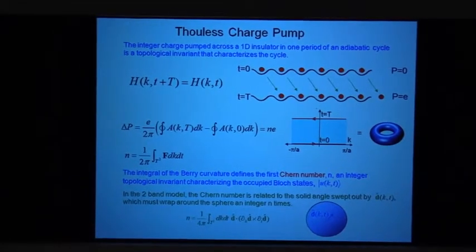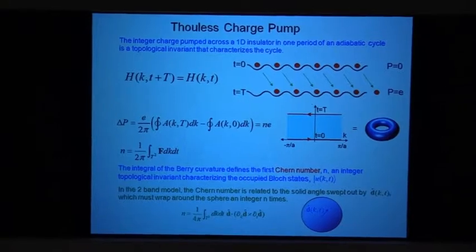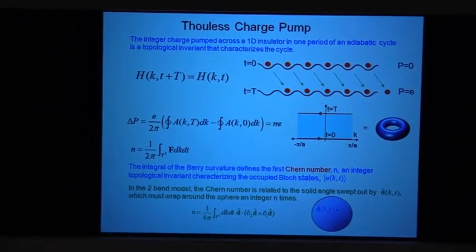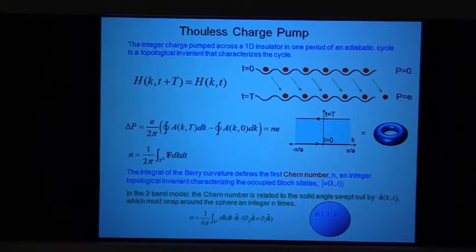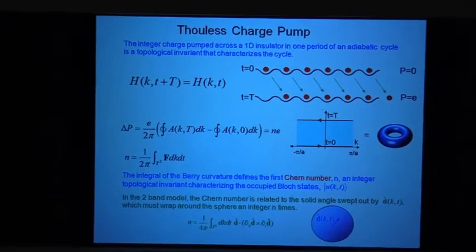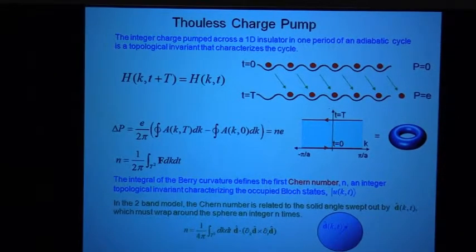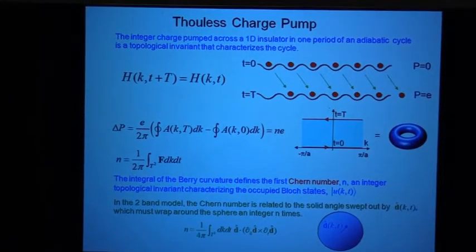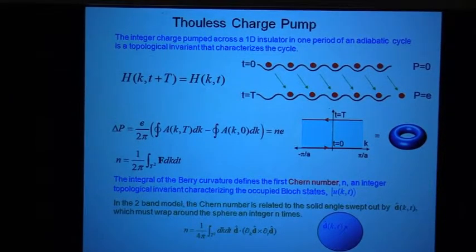So if I have a one-dimensional insulator, then what I can imagine doing is considering an adiabatic cycle where I change the Hamiltonian in time through some periodic orbit. Okay, and so I want to imagine a Hamiltonian now, which is a function of k, but it's also a function of another parameter, which I can call time, and it's periodic.